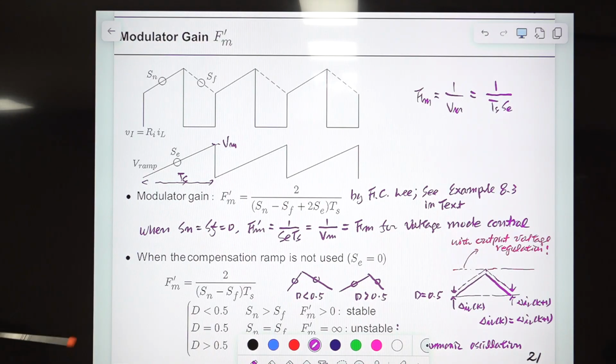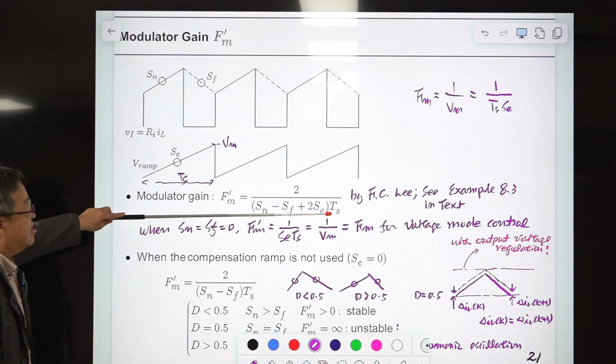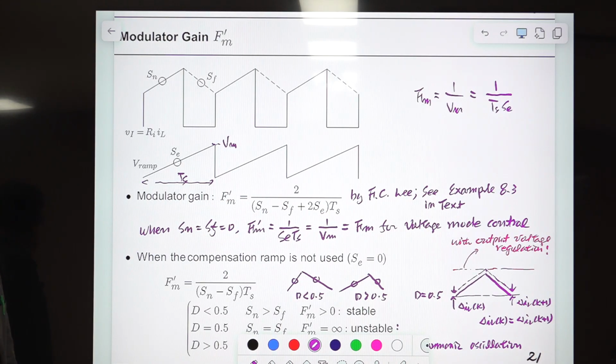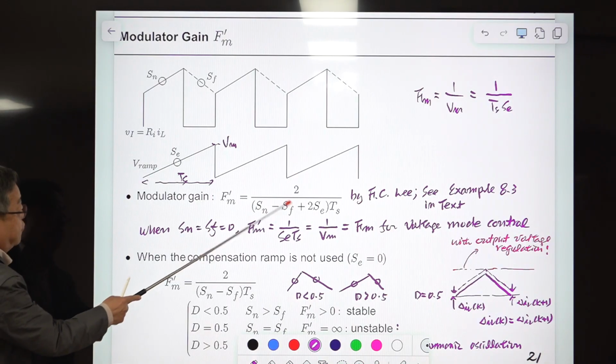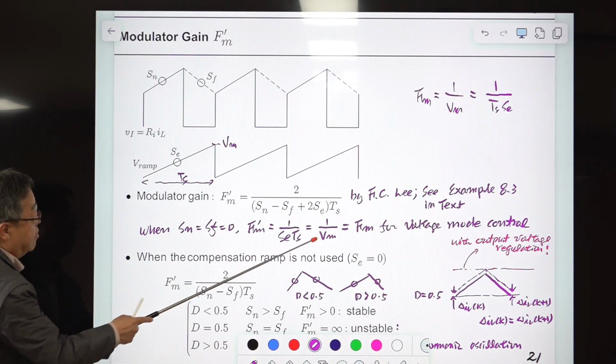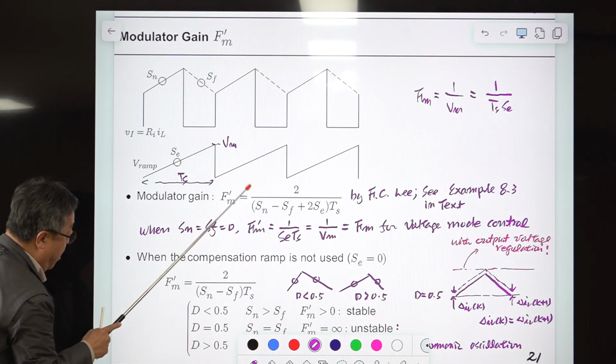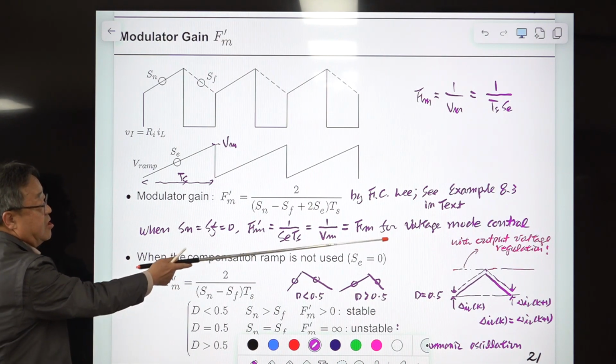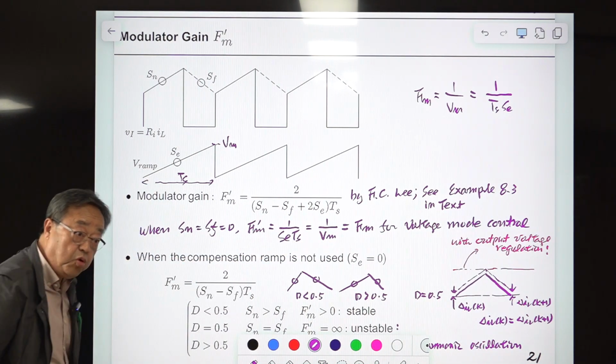Only SE is existing, then that is voltage mode control. For the case of voltage mode control, you just put SN, SF equal to 0, then this cancels, and this becomes VM, and FM prime becomes FM.